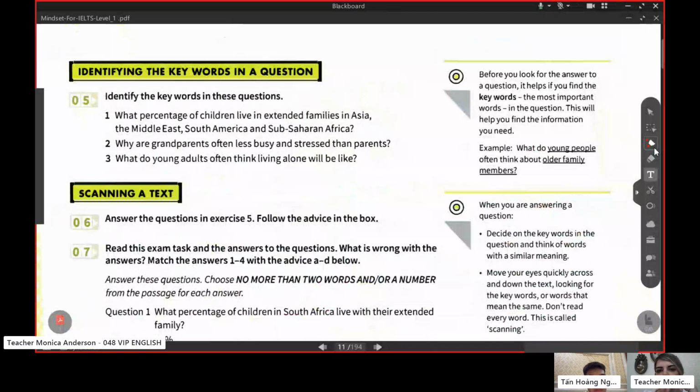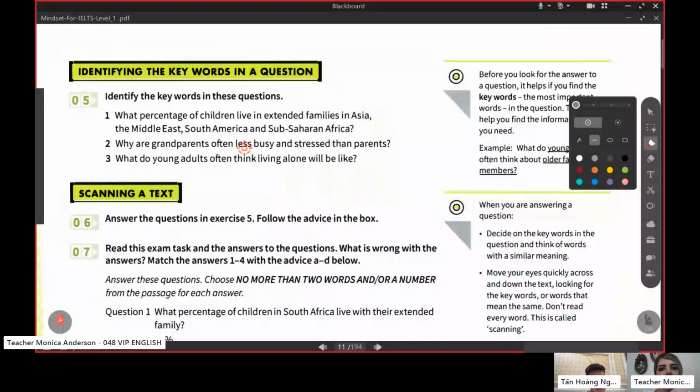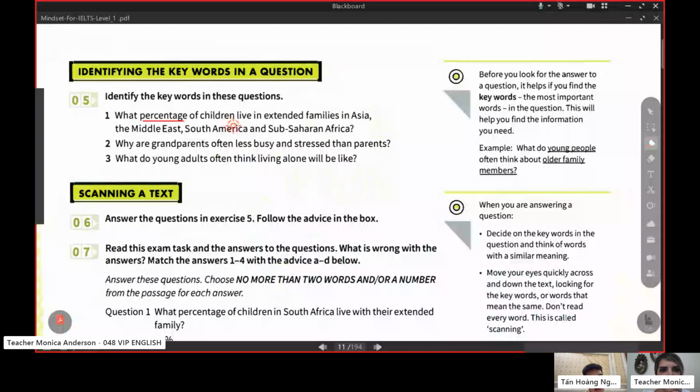What percentage... Is it percentage, teacher? How can we read it? Percentage. Okay, percentage. What percentage of children live in extended families in Asia, the Middle East, South America, and Sub-Saharan Africa?